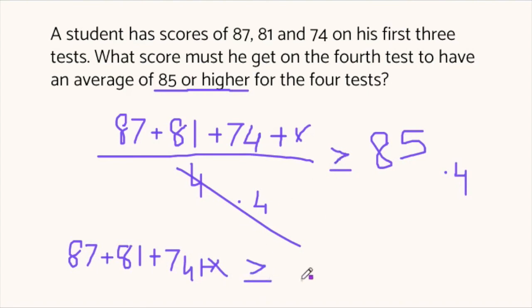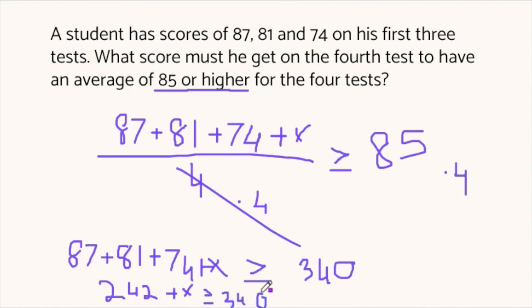And then 85 times 4 is going to be 340. And then you can just add all of these numbers up. 87 plus 81 plus 74 is going to give us 242. 242 plus x greater than or equal to 340.